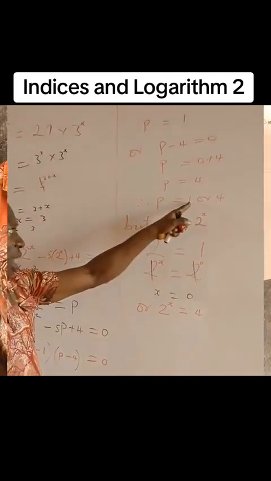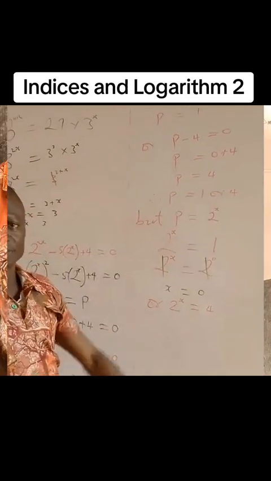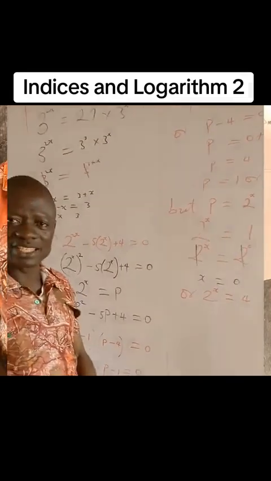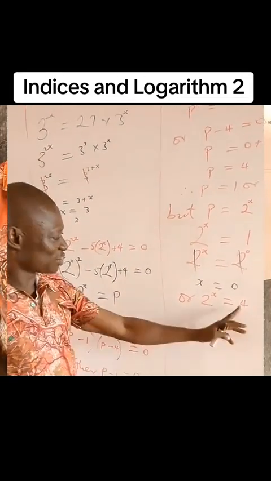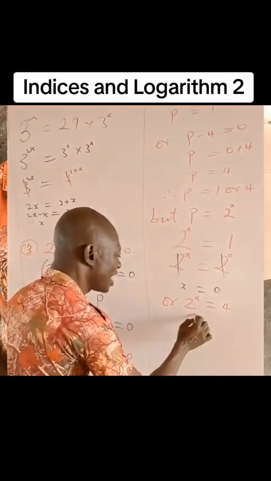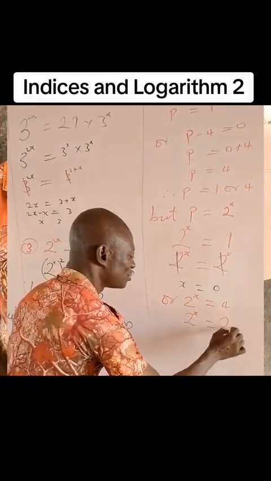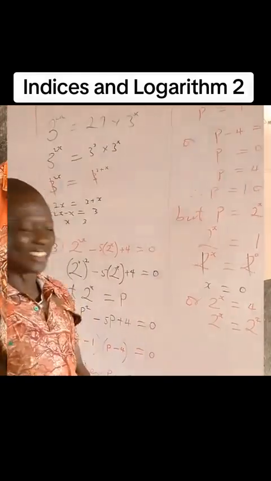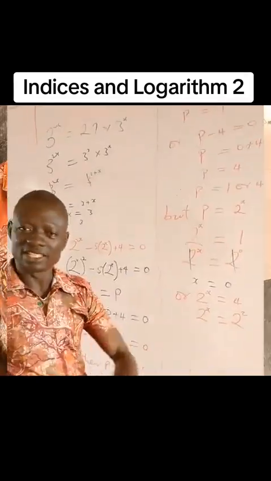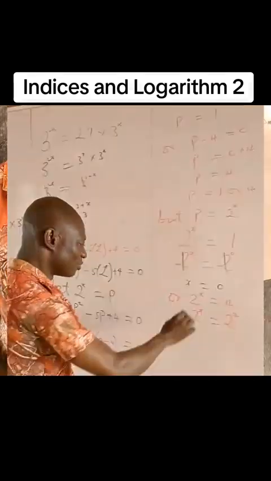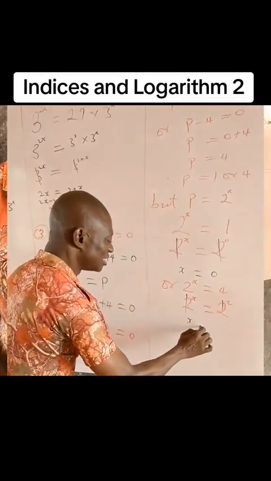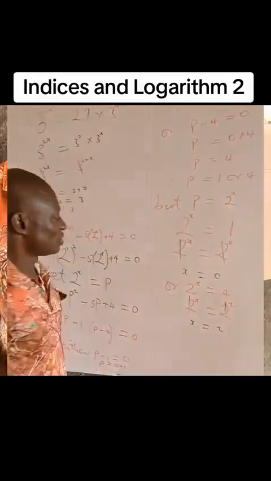If it is not 1, it will be 4. Can we express both of them in the same base? Yes, because 2 raised to the power 2 is 4. Then we have 2 raised to the power x is equal to 2 raised to the power 2. If the bases are equal, then the indices are also equal. Cancel out the bases, and then say that x is equal to 2.